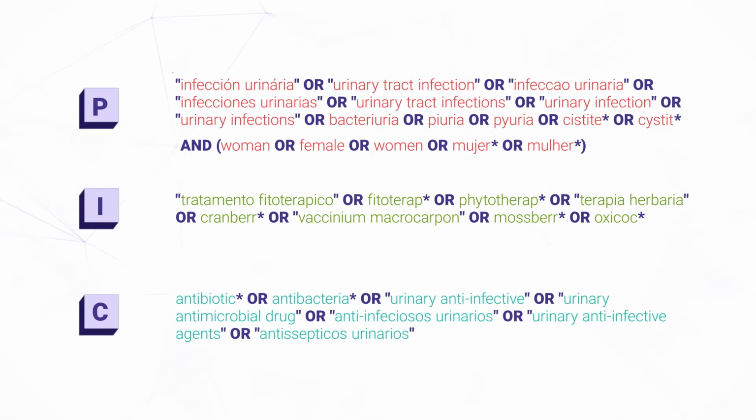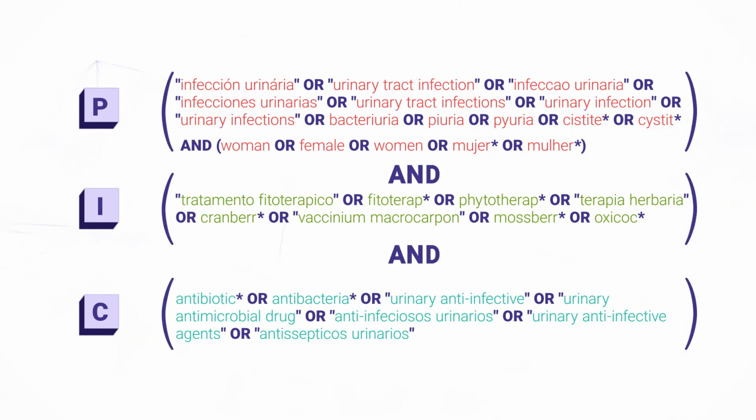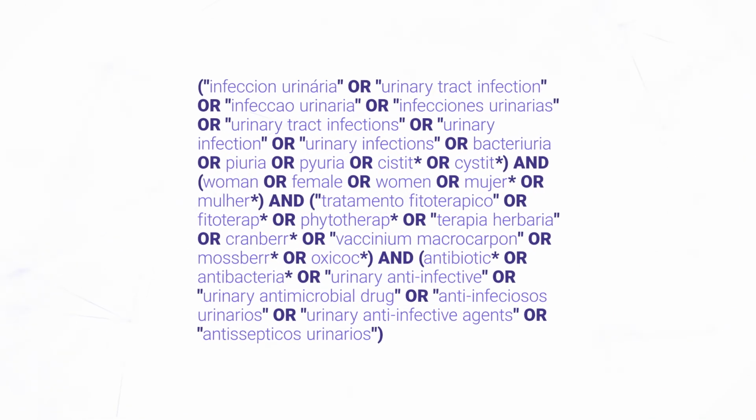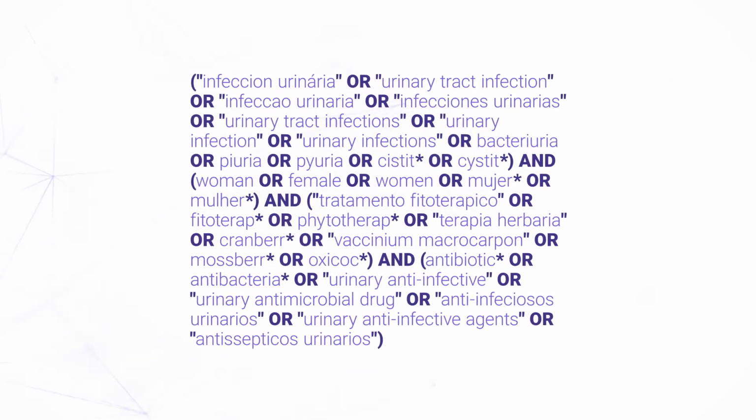Between the three sets we put the AND operator so that at least one term from each set appears in the retrieved documents in the search results. Looking at the expression, it seems quite complex. But when building it step by step, we realize that its construction is quite logical despite being laborious.